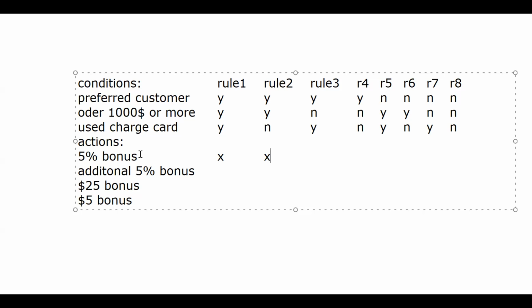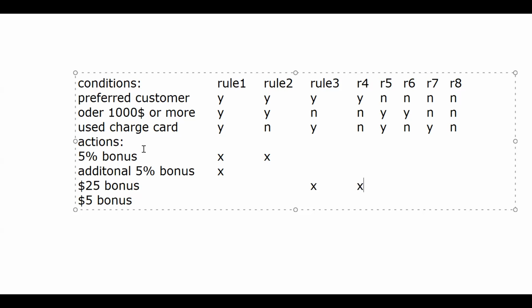If they are preferred customers and order 1,000 or more, they get 5%. If they have used charge, then 5% additional bonus. Here you will get additional 5% bonus. The next one, if they are preferred customers, but they have not ordered 1,000 or more, then you should get 25 bonus.